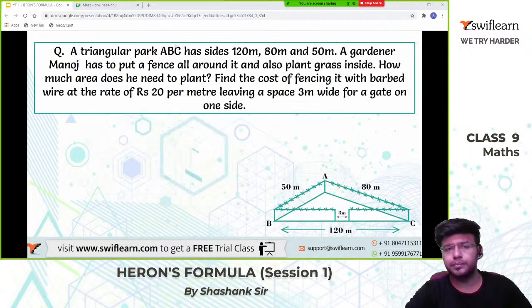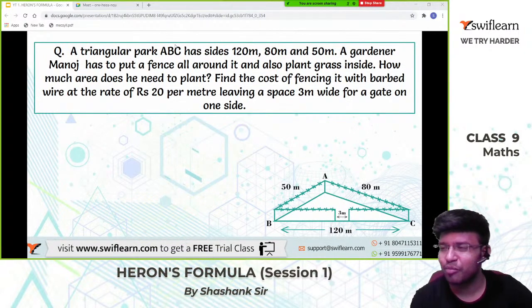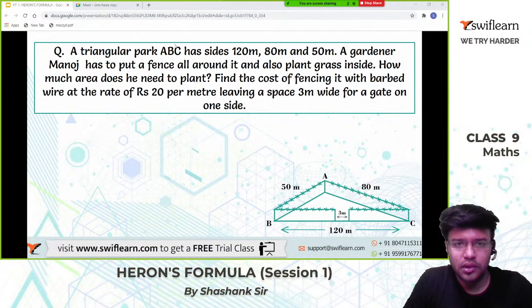Okay. Now, based on what we have learned so far about Heron's formula, let us try to solve a problem. What is given in the question? A triangular park ABC has sides 120 meters, 80 meters, 50 meters.